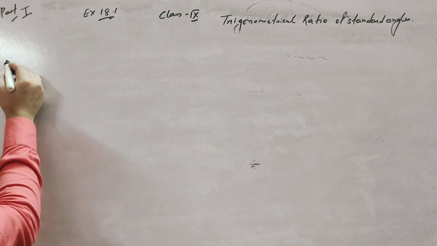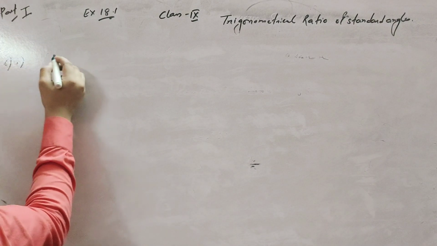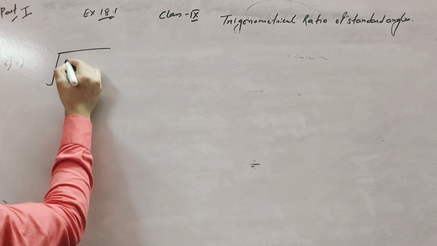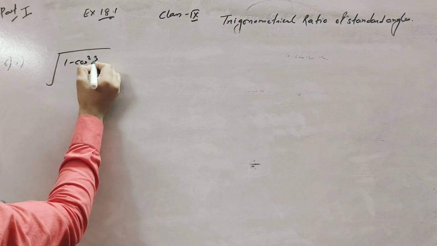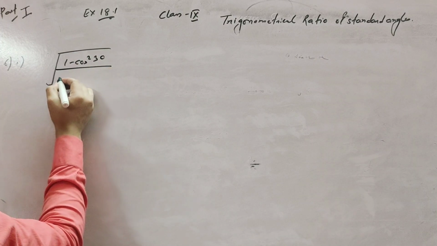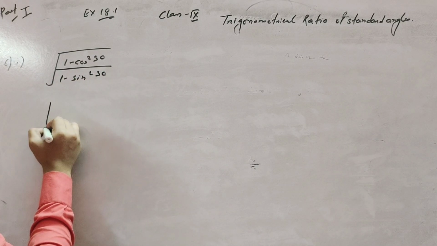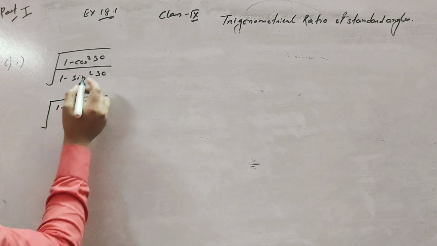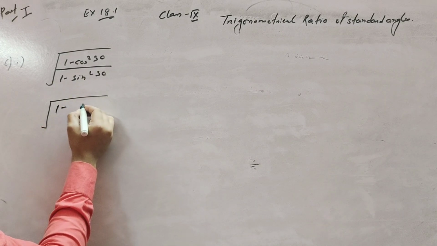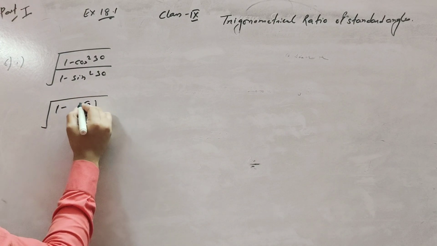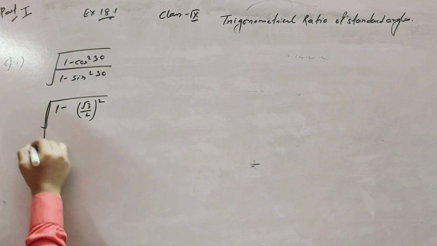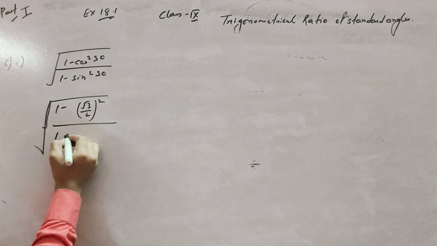Question number 6.1. Find the value of 1 minus cos square 30 divided by 1 minus sin square 30. So 1 minus cos square 30. Cos square 30 value is root 3 by 2 whole square, divided by 1 minus sin square 30.